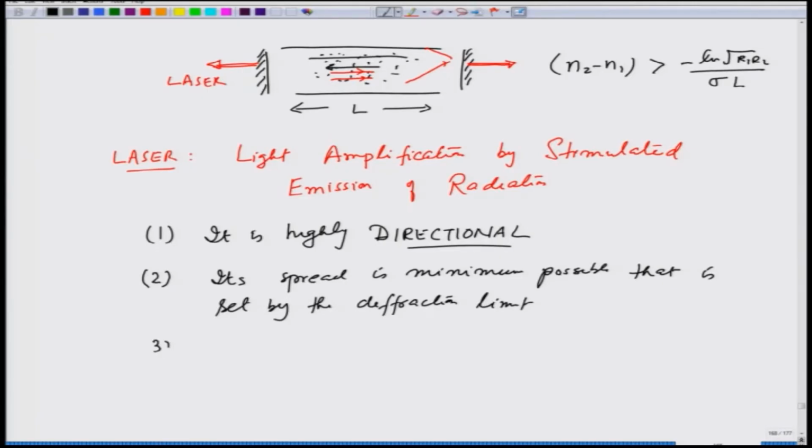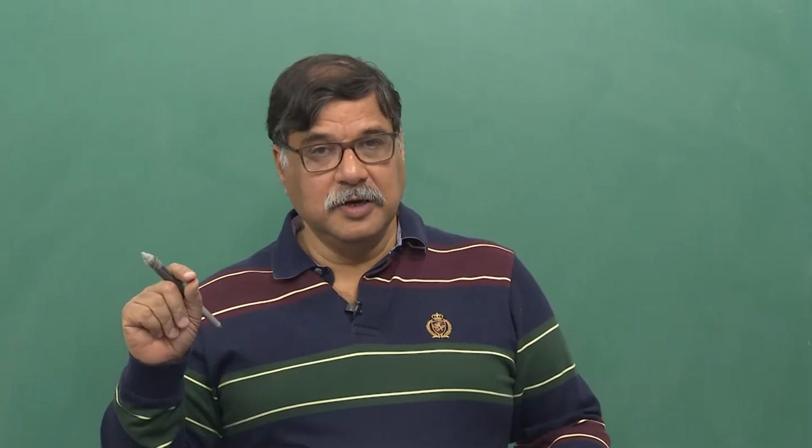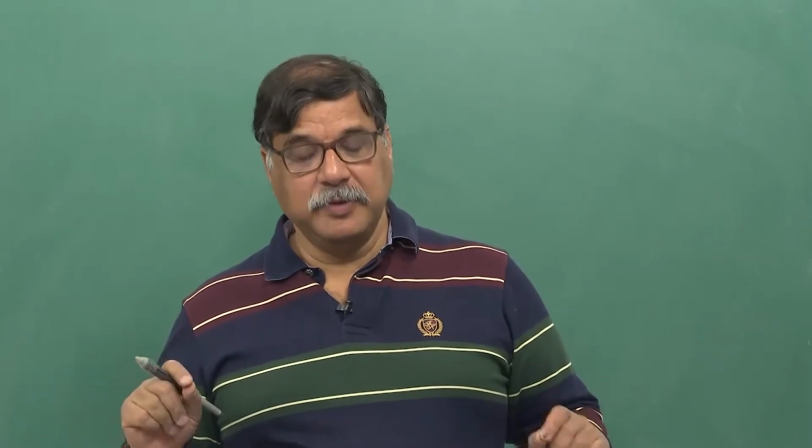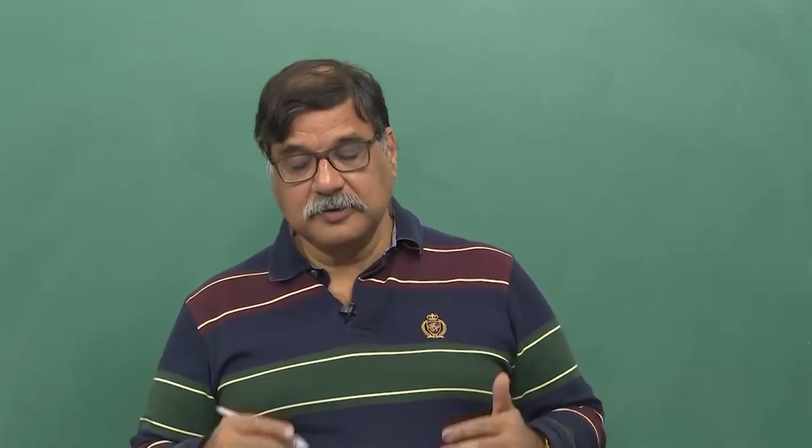And 3, and that also happens because it is highly coherent. That means the relationship between phase on different points on the wave front, which is known as the spatial coherence, and temporal coherence, that is the relationship between phase at one time and the other time, they are very, very stable, and all these 3 properties make it a very special light.